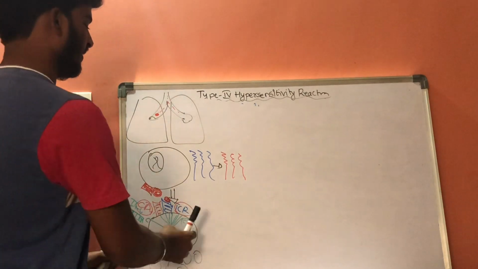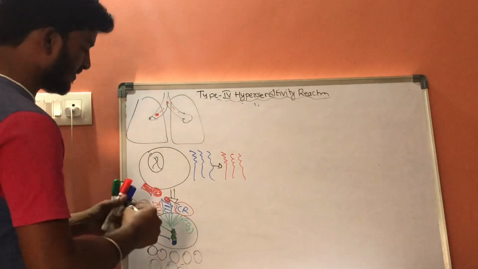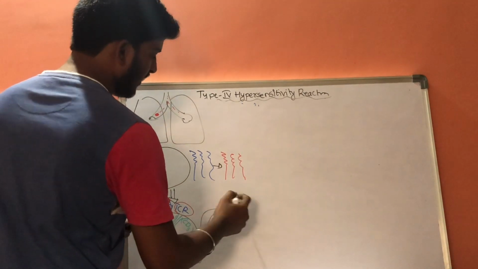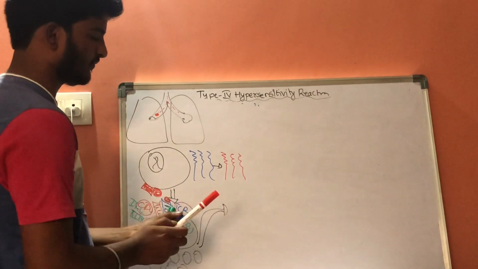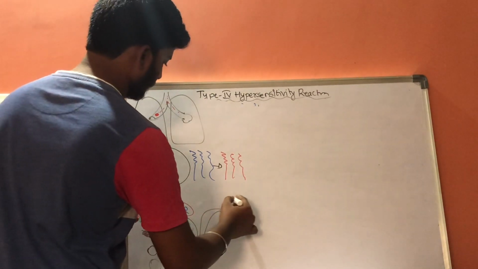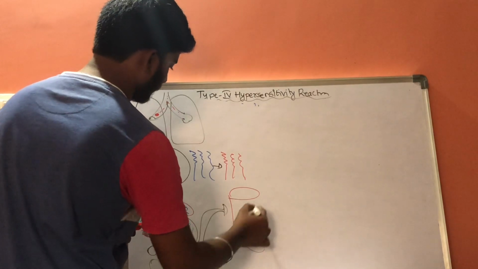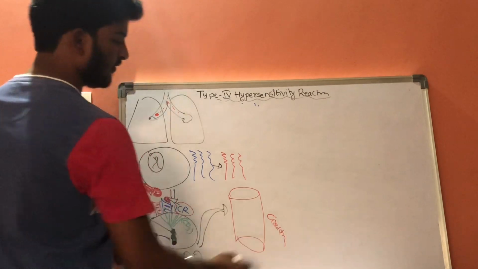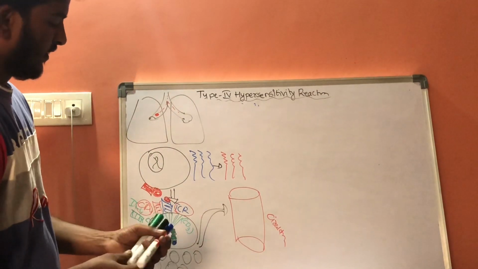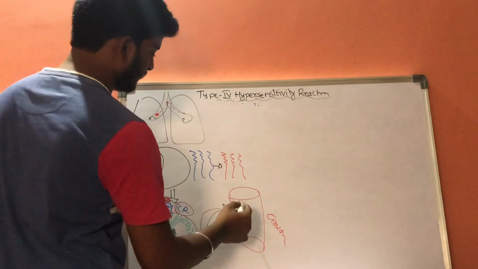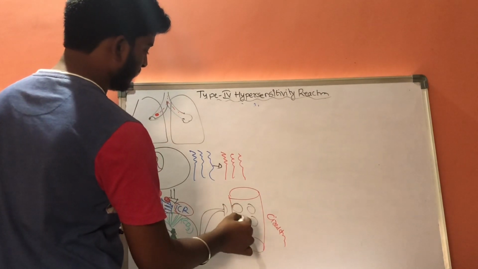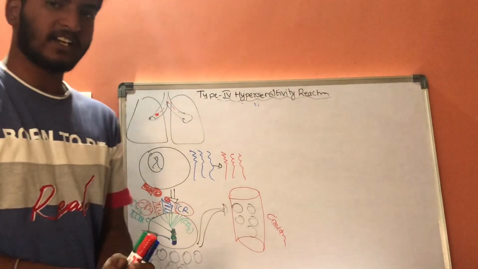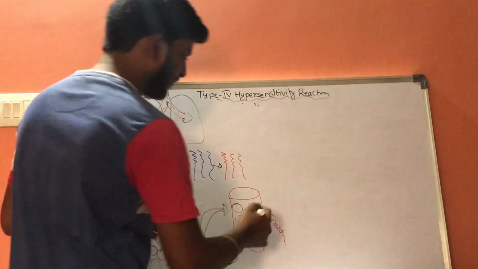After increasing, these cells will enter into the circulation. Inside the circulation, after entering, it releases a special type of protein.